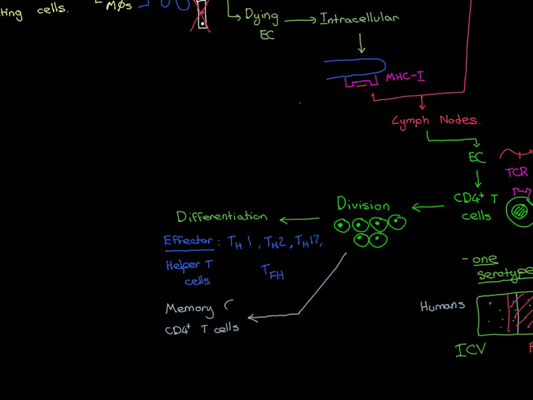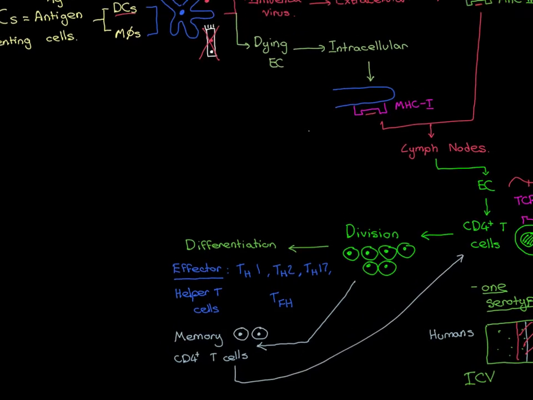So some of these will become memory T cells. I'll draw these in this sort of blue colour, or blue-grey colour here. And these replace these original CD4 positive T cells that we had here. So if you get exposed to the pathogen again, let's say this same influenza virus comes a few years later, the whole thing will happen again.